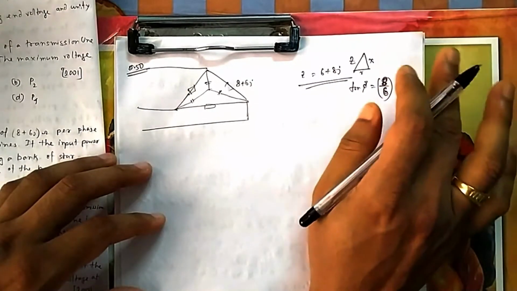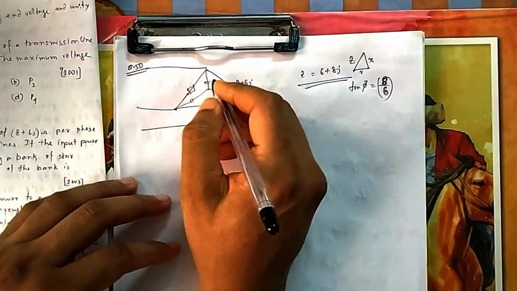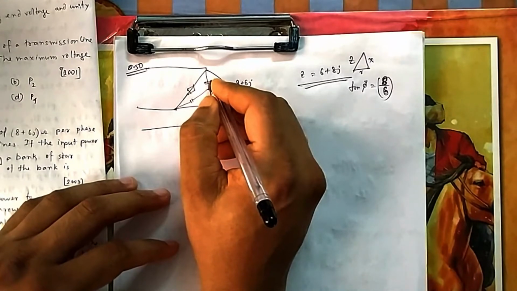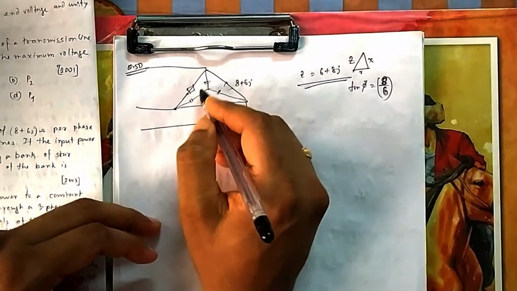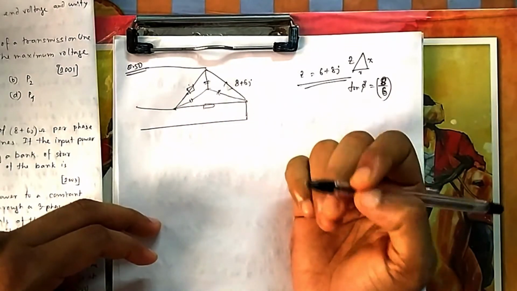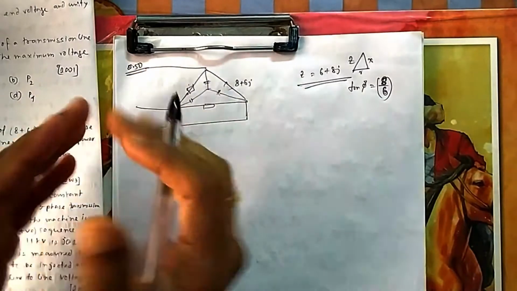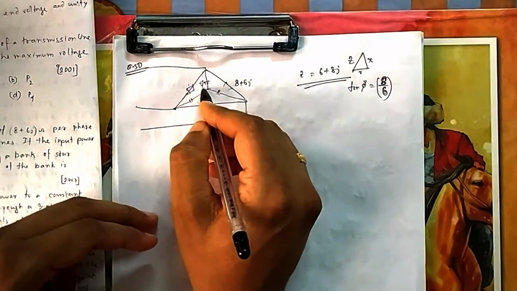Now suppose you have a given capacitor here. So capacitance, if I take admittance, that will be good for per phase. Either you convert this star into delta or you convert this delta into star, whichever you feel comfortable. Then you can compare these two. Suppose I convert this delta into star, equivalent star.